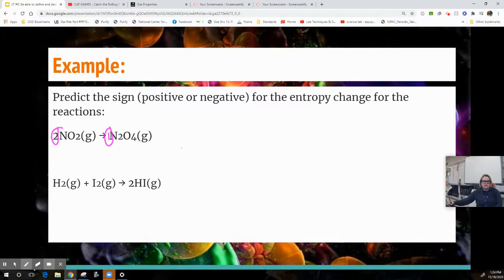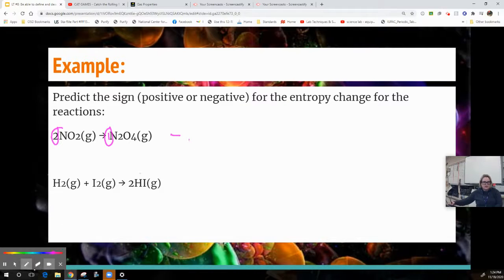So I'm decreasing the number of moles. If I'm decreasing the number of moles, I'm decreasing the number of particles, I'm decreasing the number of arrangements available in the system, so I'm decreasing, negative, the entropy. So this one is going to have a negative S value.